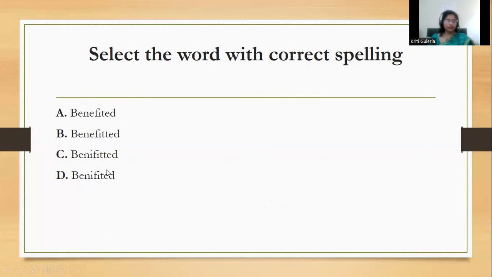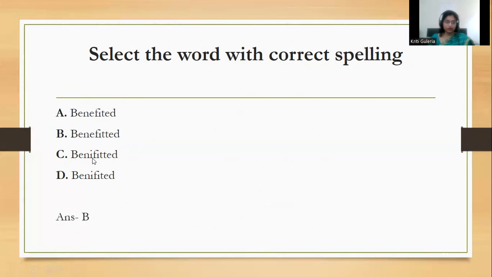So what was the rule that we had studied? That you have to double the last consonant of the word. Correct? So benefit will become benefitted with double T, and thus B is the correct answer, BENEFITTED.